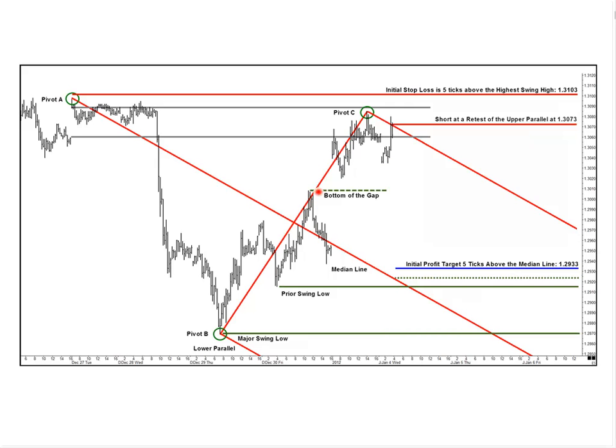I'm eyeing the bottom of the gap because that's going to be my first area, the first problem. I might find potential buyers here. Again, my profit target is 5 ticks above the downsloping median line at 129.33.